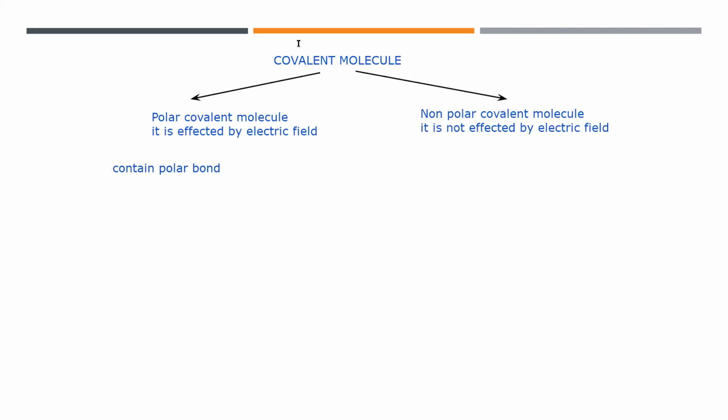But if a molecule is non-polar, then it has two possibilities. If the overall molecule is non-polar, or not affected by electric field, then what are the two possibilities? It may contain non-polar bonds or it may contain polar bonds.